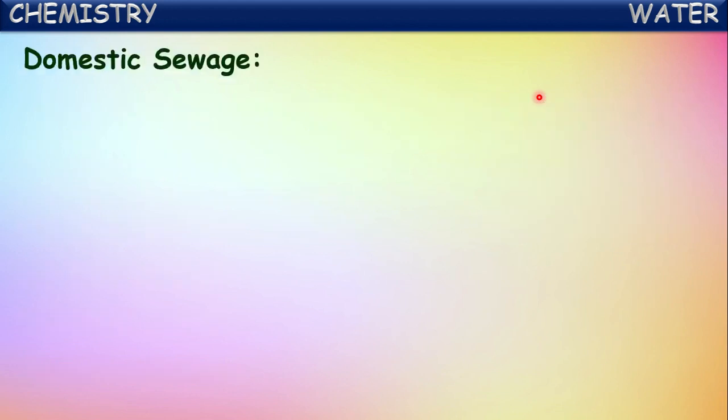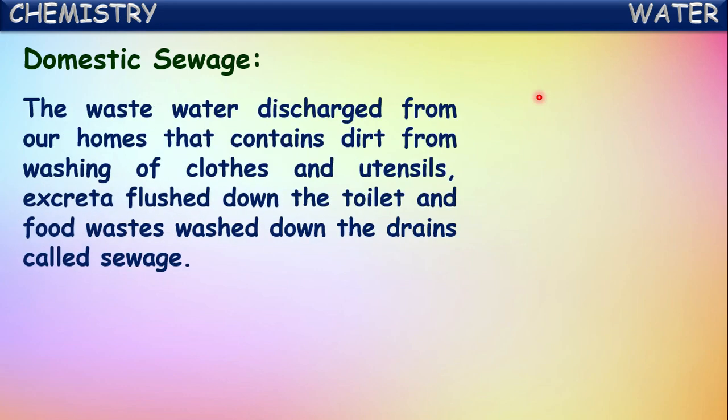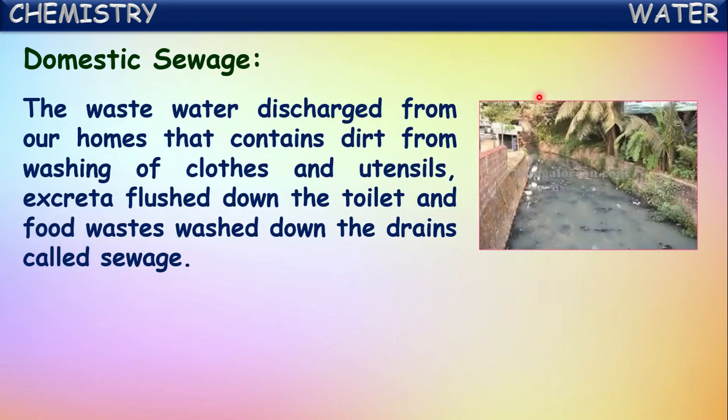First, let us go through domestic sewage. The wastewater discharged from our homes that contains dirt from washing of clothes and utensils, and even excreta flushed from the toilet and food waste washed down the drains is called sewage.